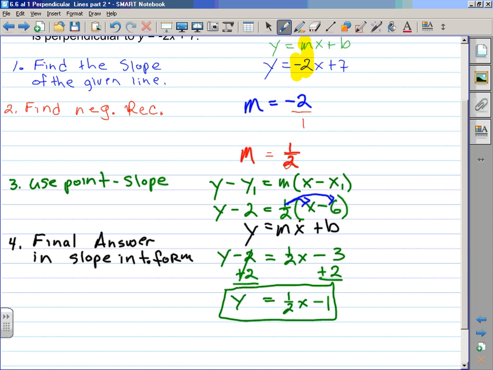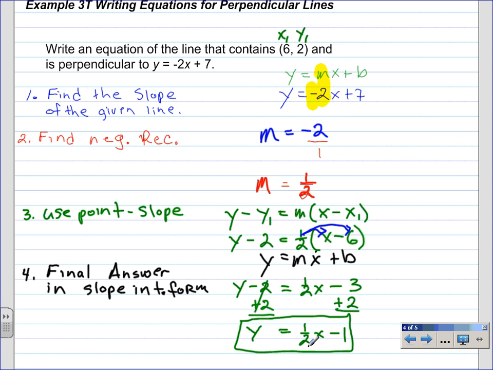So there's the equation of a line that's perpendicular to this line here. This isn't an answer. I'm circling it so you can see that this line and this line will be perpendicular, and this line is going to go through this point right here.